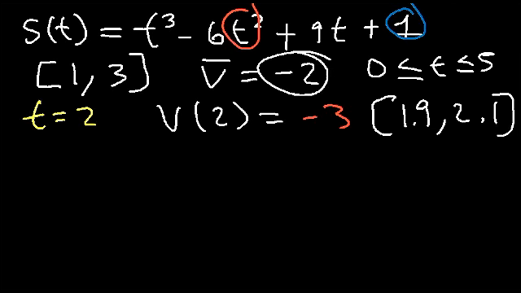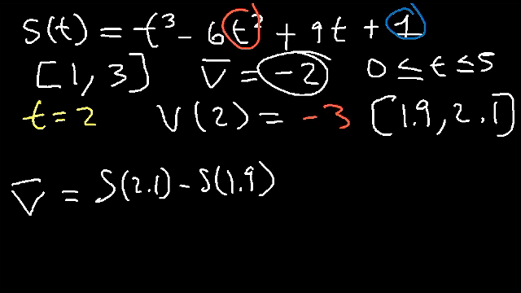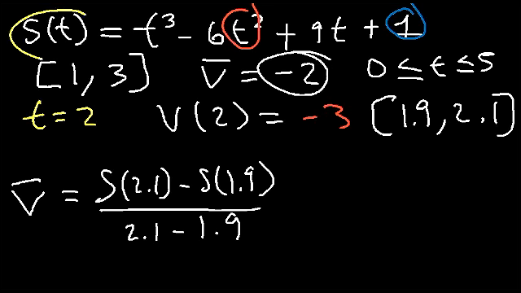Now we're going to use the same formula as we use for average velocity. So it's going to be s of b minus s of a over b minus a, or s of 2.1 minus s of 1.9. That's the change in position, which is displacement, divided by the change in time, which is 2.1 minus 1.9. So if you plug in 2.1 into s of t, you should get 2.701.